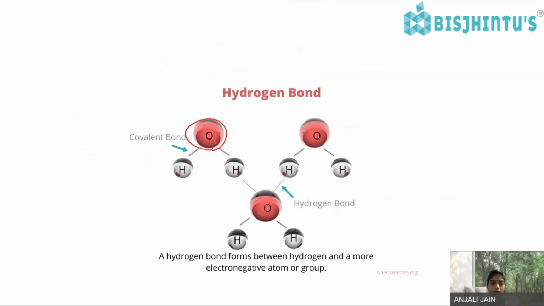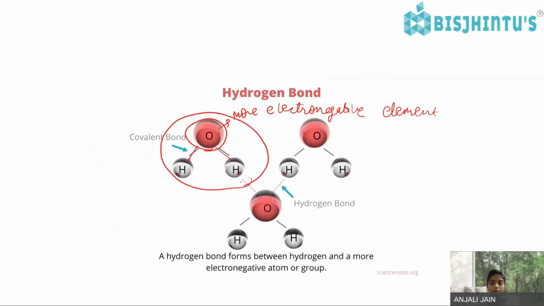So this was my oxygen, the more electronegative element, and these are my hydrogens. So this was one molecule, and when it forms this hydrogen bond within it, it is intra, and between two molecules, it is inter.